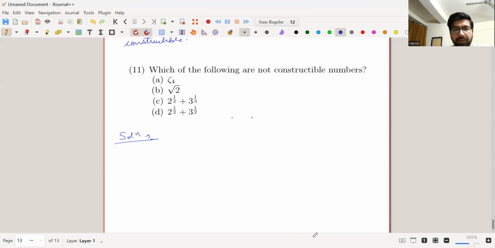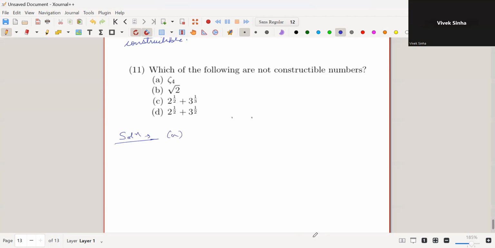So the a part is true because you have Q(i) over Q to be 2, and you have this degree 2 extension.